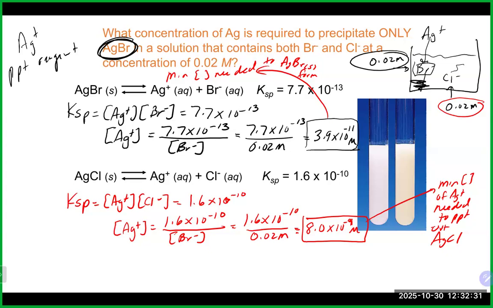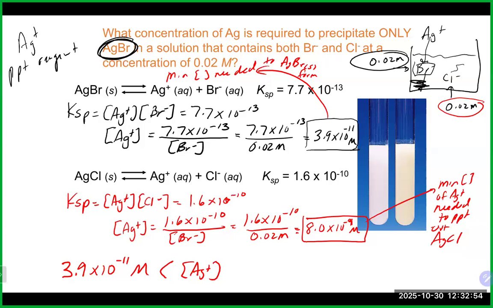So that means that if I want to start to precipitate out my silver bromide, I need to toss in there at least a concentration of 3.9 times 10 to the minus 11 molar. That needs to be my silver concentration, right? Now, if I do that, I should start to see precipitate form.